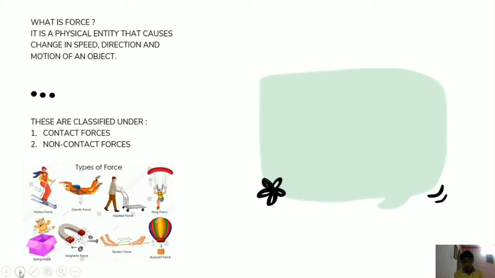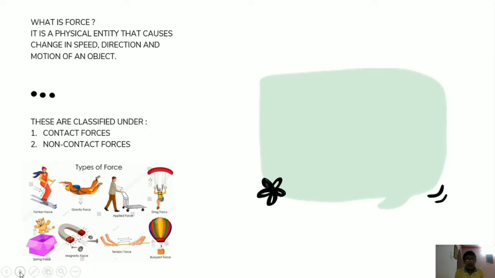So, force. Now this gravitation is nothing but a kind of force. It is a force that is experienced between any two objects present in the entire universe. Before going to gravitational force, we must have basic information about force.